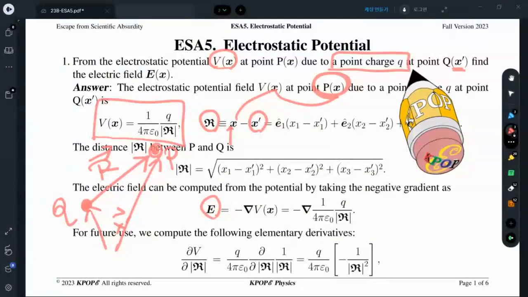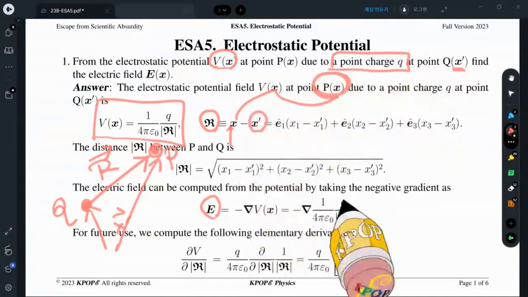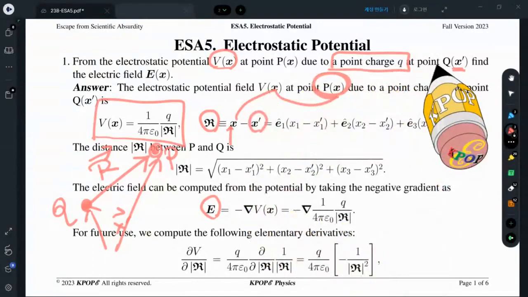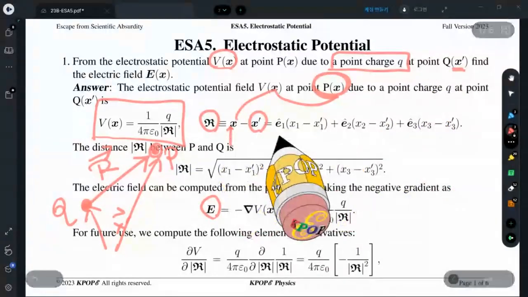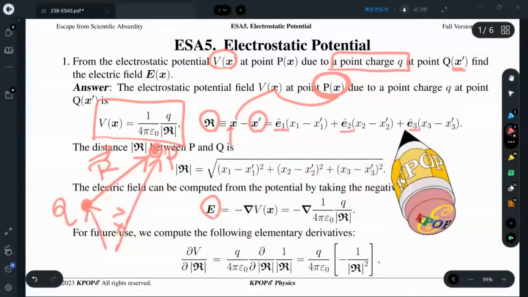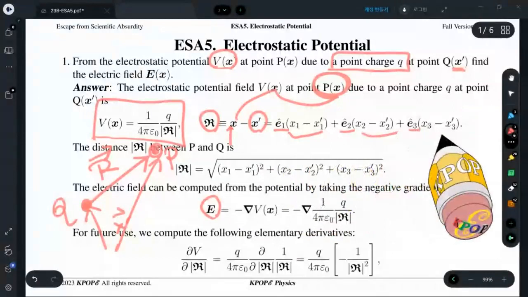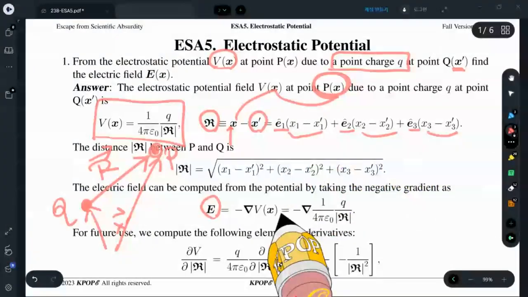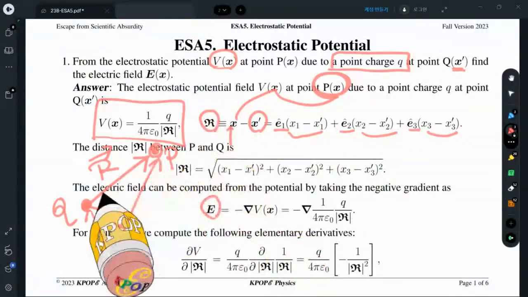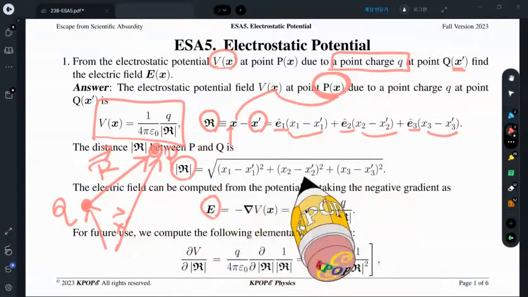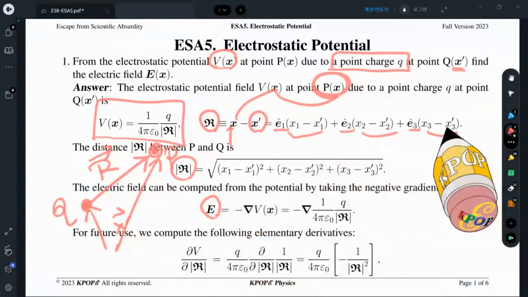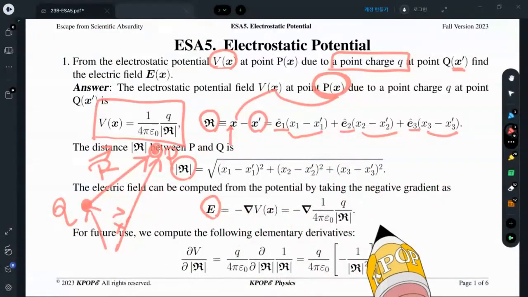Usually, this charge is distributed over a large volume, so we need to integrate. Anyway, we decompose into Cartesian coordinates, with x, y, z components. The magnitude of this distance is the square root of the sum of the squares of the Cartesian coordinates.